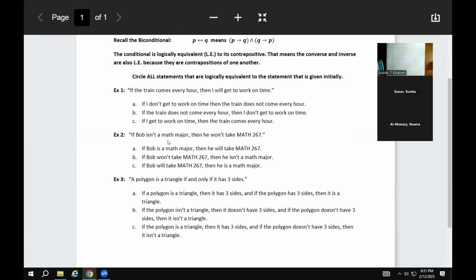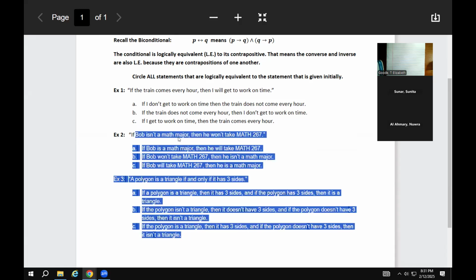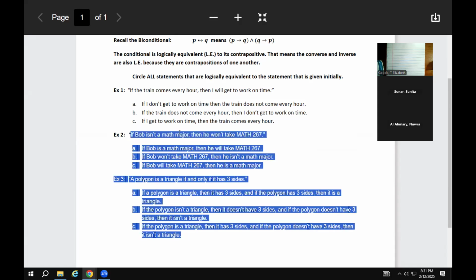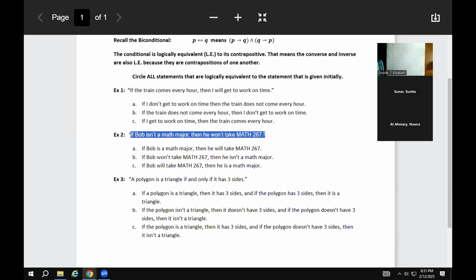Because here you have Bob isn't a math major. But when you negate that, it's not true that he isn't, then he is a math major. So Bob is a math major is the negation of Bob isn't a math major. So this statement right here is the inverse of this statement.